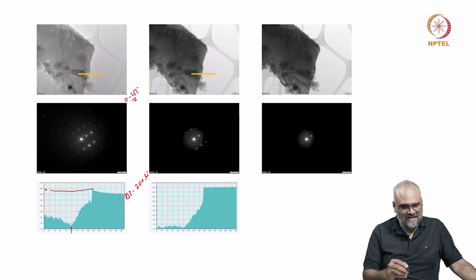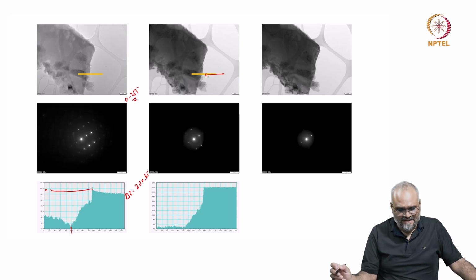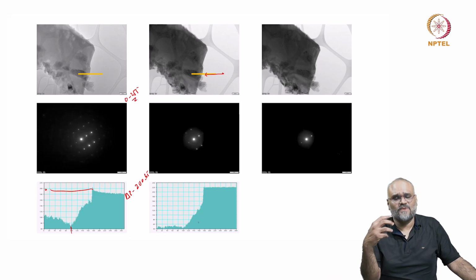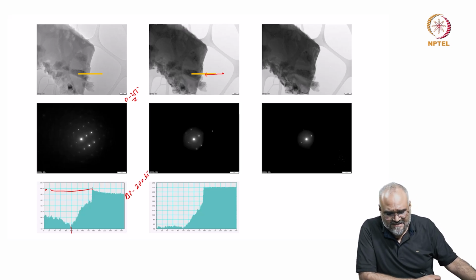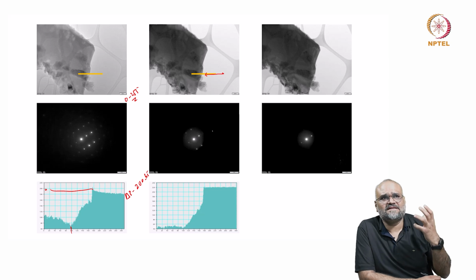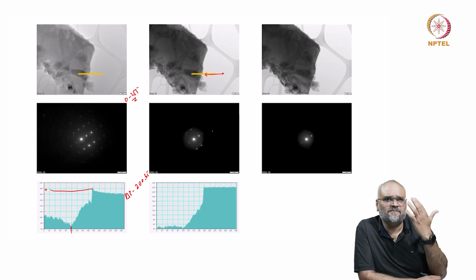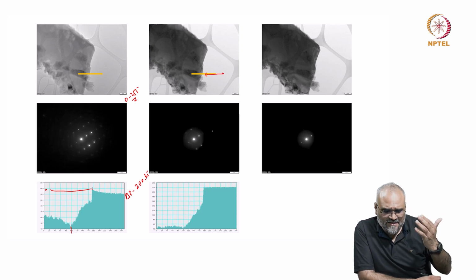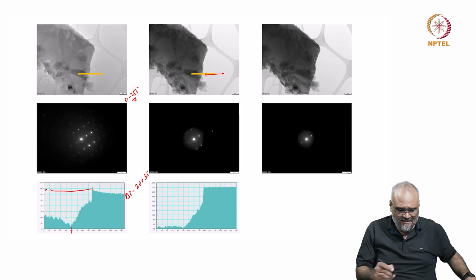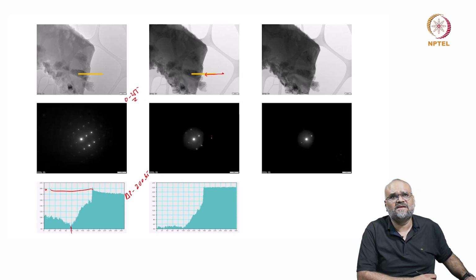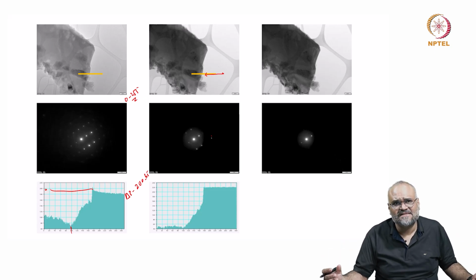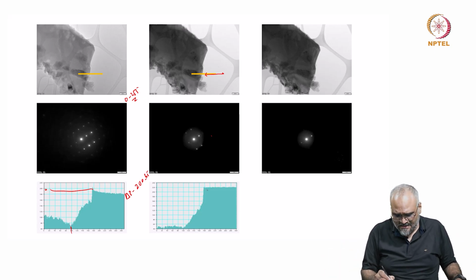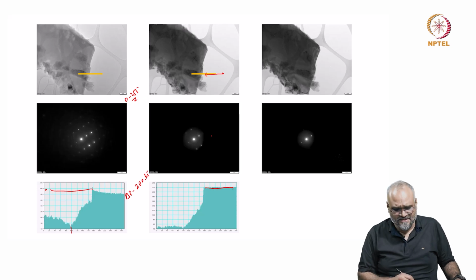please note that now there is more or less uniformity in the background intensity as a consequence of inserting an objective aperture. You do not see it directly on the image in a microscope, but when I draw the intensity profiles, the higher order scattered beams are not now allowed to form or contribute to the background intensity, and by doing that the background intensity has become more or less uniform.